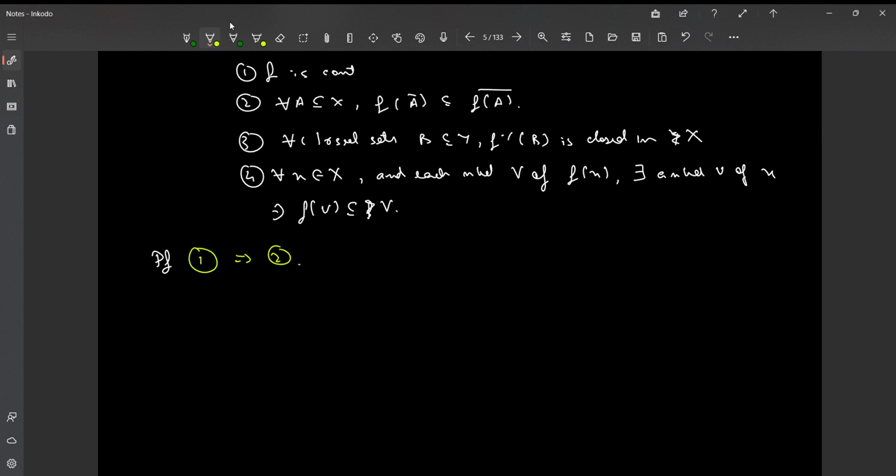Proof: one implies two. Let A be a subset of X, and let x be an element of A closure. Then what do we need to show?